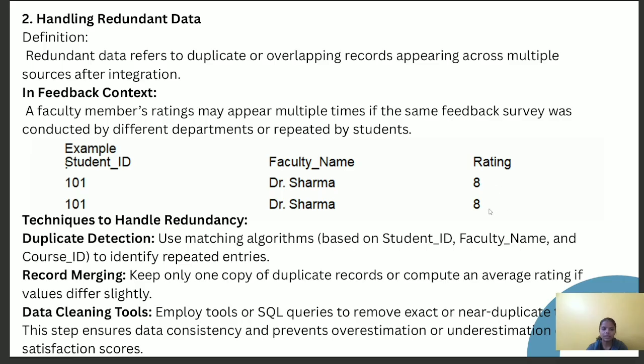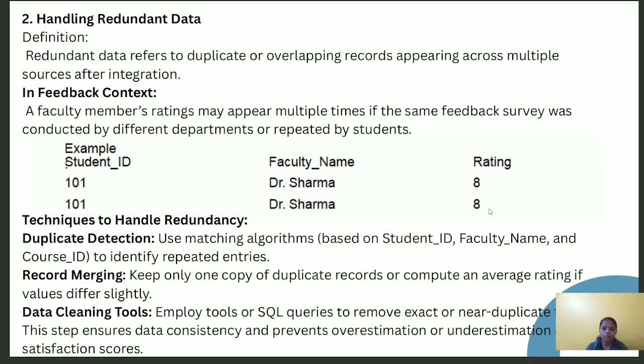The technique to handle this redundant data is duplicate detection. Use algorithms based on student ID, faculty name, and course ID to identify the repeated entries. The student ID is unique for each student. This will help us to detect the duplicate data. The next one is record merging.